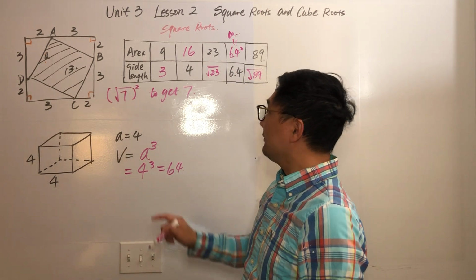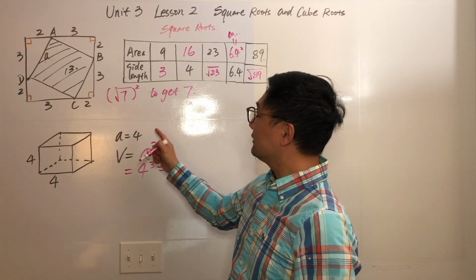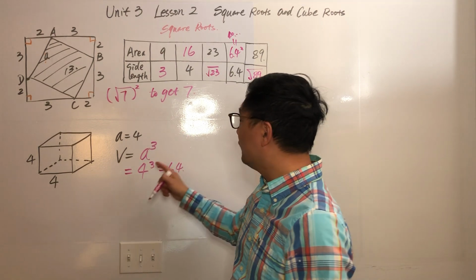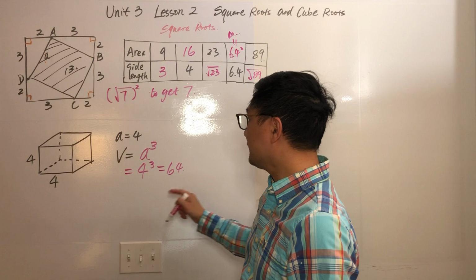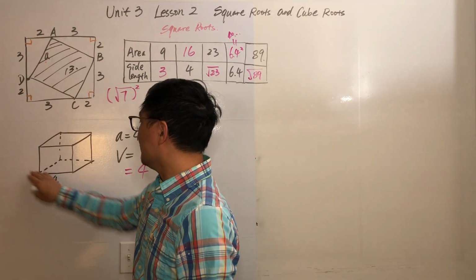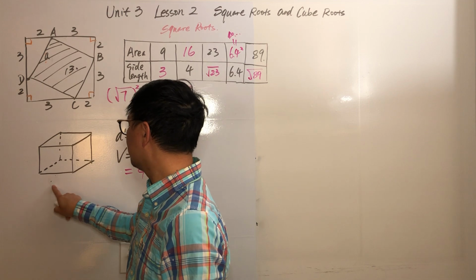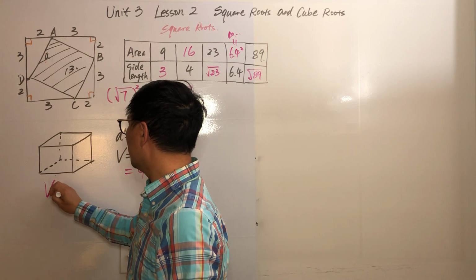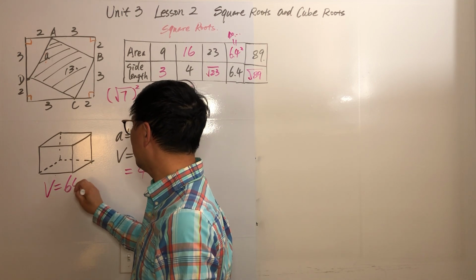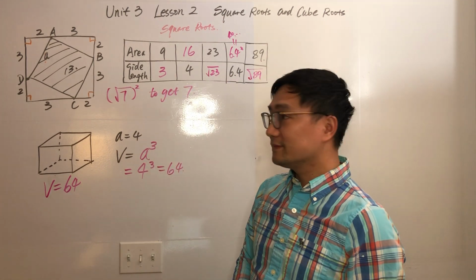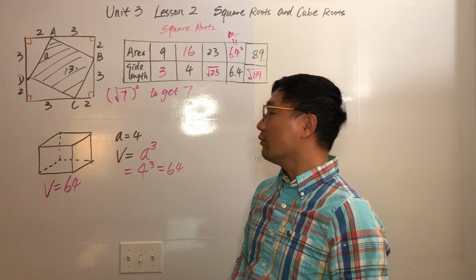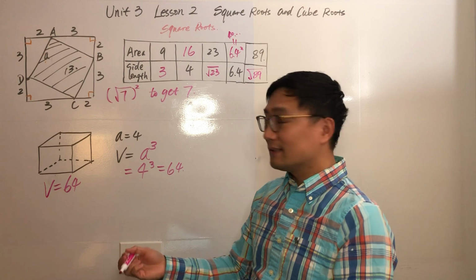Now the same thing, right? If I only know the volume, I erase this here. If I said the volume of this cube is 64, now I want to know what the side length is.